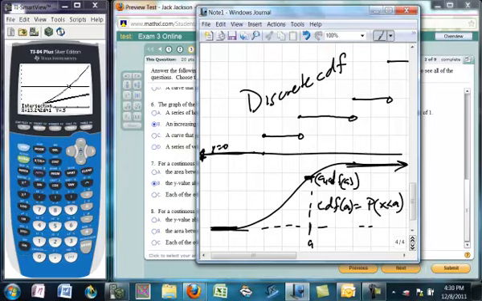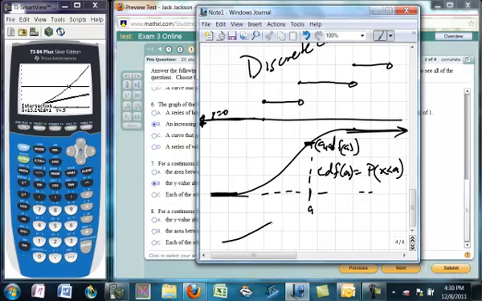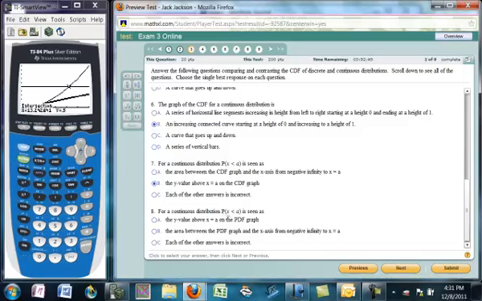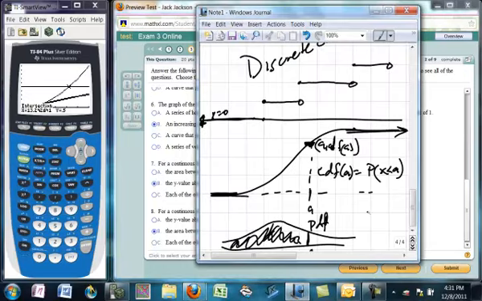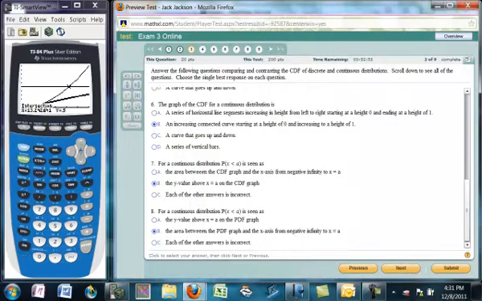This corresponds to, let's say we have some curve like this, and this area here, if this is the PDF, this area and this y value are the same if it's the same a. For a continuous distribution, the probability that x is less than a is seen as the area between the PDF and the x-axis from negative infinity up to a. So again, that's the second picture I showed you over here. That's this picture down here. The picture here corresponds with question number 7.